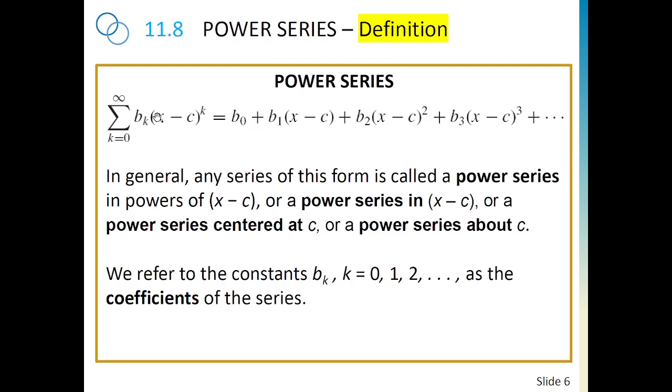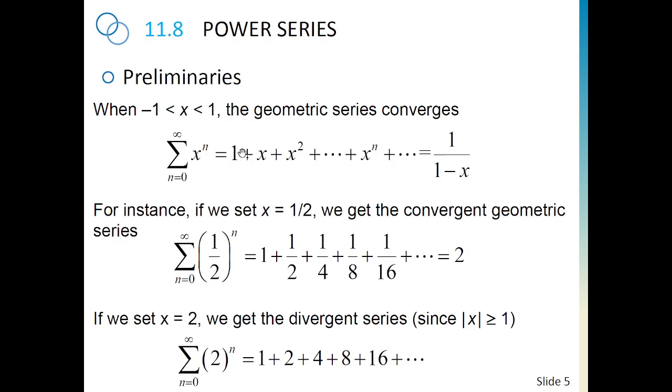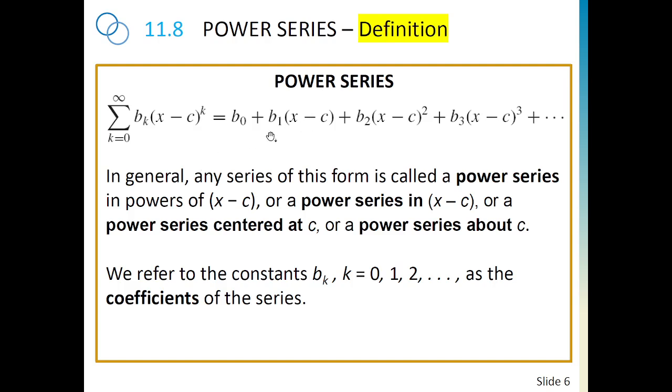So let's say I have x minus 5, so c will be 5, so the center of the series will be 5. Here I have x minus 0, so the center of this particular series is 0. It's just an observation. So this is a general form of a power series, and we see that x minus c is the expression that is put to different powers, so that's why it's called a power series. Obviously b0, b1, b2, b3, those are numbers, those are coefficients.